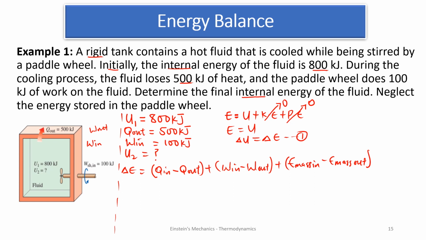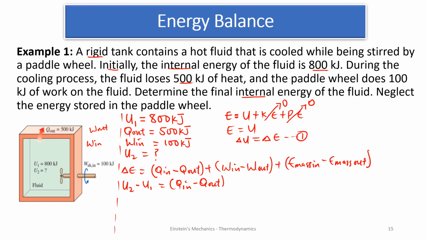Alright, so now since change in energy is also equal to change in internal energy, since the system has no potential and kinetic energy, can we equate the change? So if I'm representing the change, that will be U2 minus U1, equal to the same thing. I have Q in minus Q out.